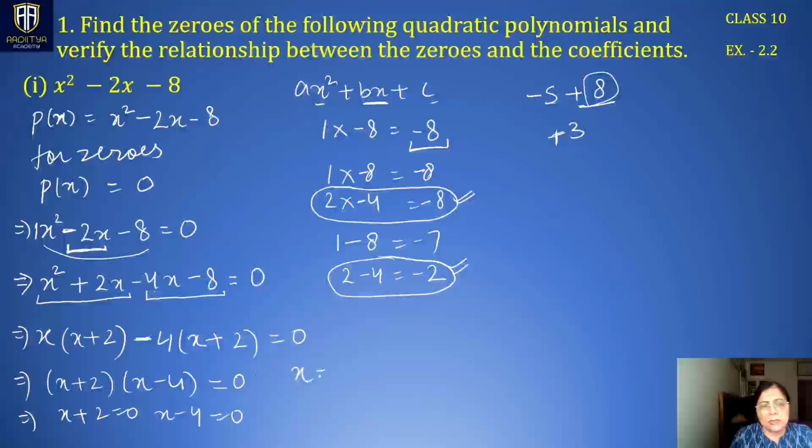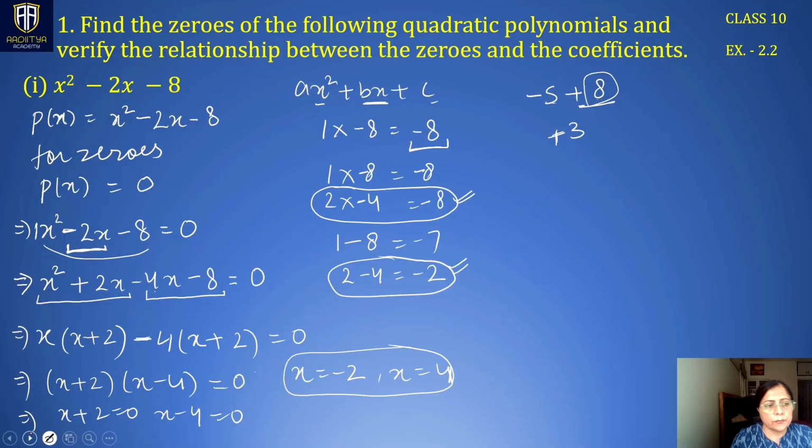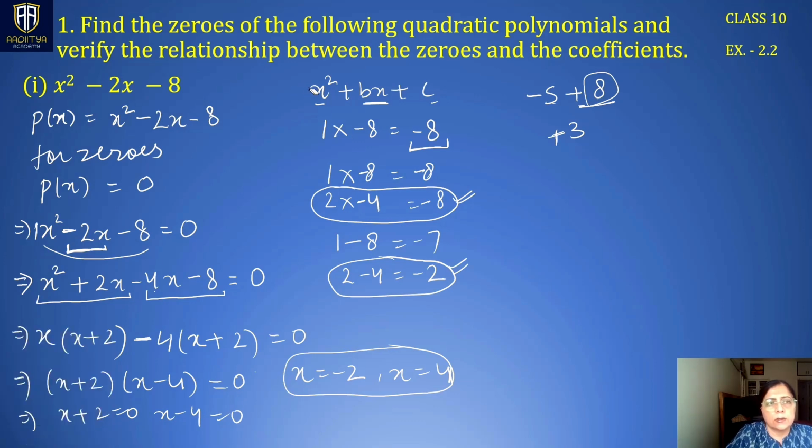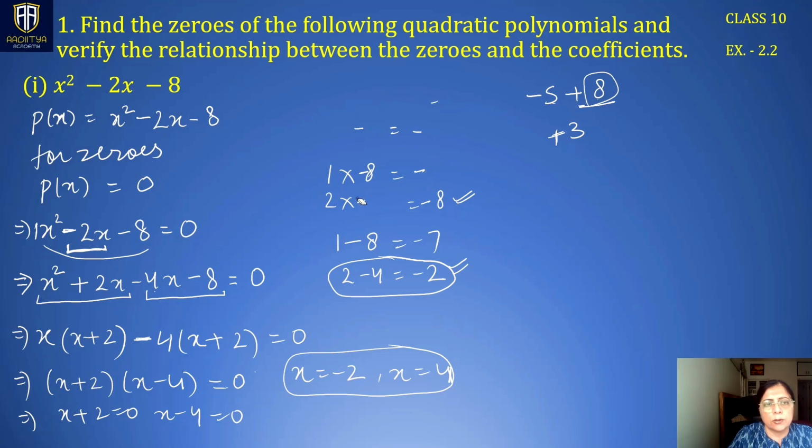So we get x is equal to negative 2 or x is equal to positive 4. Right? So this is the first part of solving for two zeros. Next we have to verify the relationship of these two zeros with the coefficients of the polynomial.